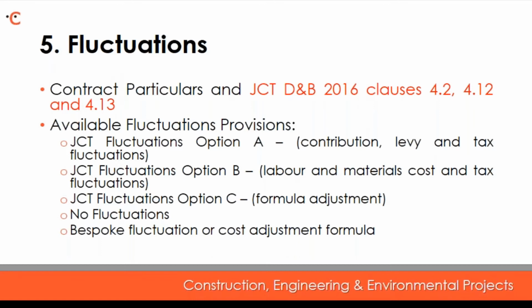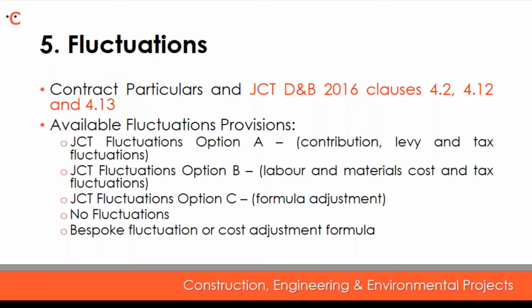So the last change in relation to payment is in relation to fluctuations. The fluctuation provisions have been amended. The 2016 edition has introduced more flexibility in relation to fluctuations by deleting clause 4.19 of the 2011 edition and including a wider choice in the contract particulars.